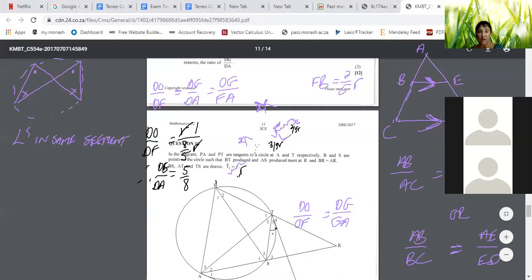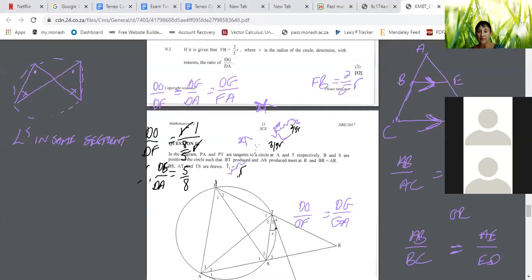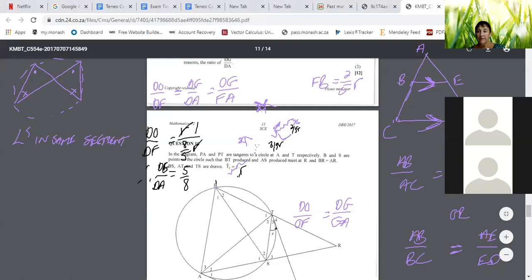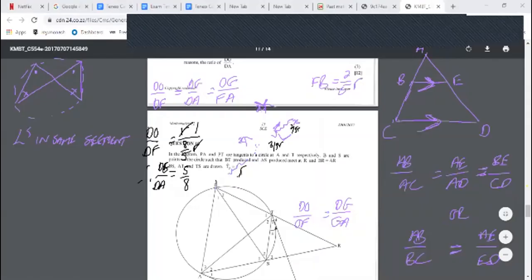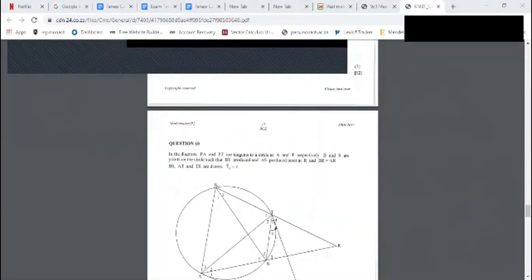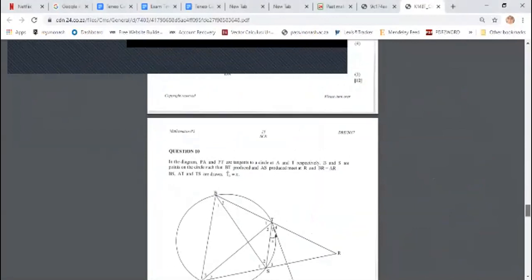My pen's working, but I can't erase for some reason. Why not? Okay, wait, let me stop sharing. If I do that, it sometimes works. That's bizarre. Anyway, it's fine. We'll just start afresh.